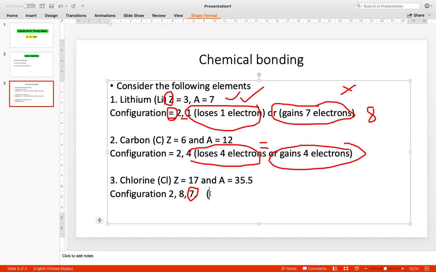It is either that this element loses 7 electrons, which is a big joke, or it gains 1 electron. Now, where do you think there are more chances? This element to lose 7, that's a lot, or this element to gain 1. Buddy, you will pick this.